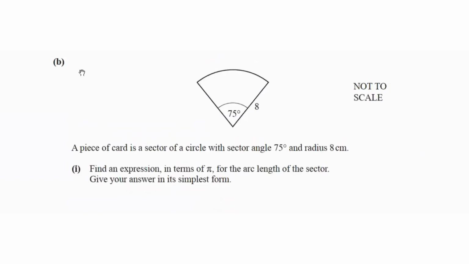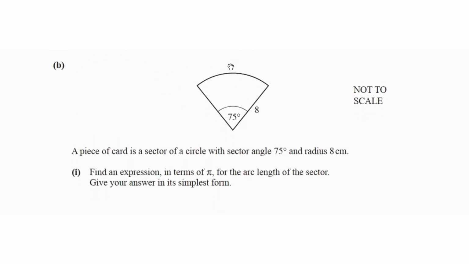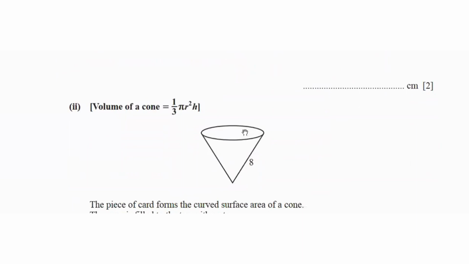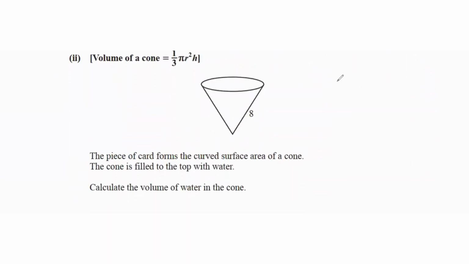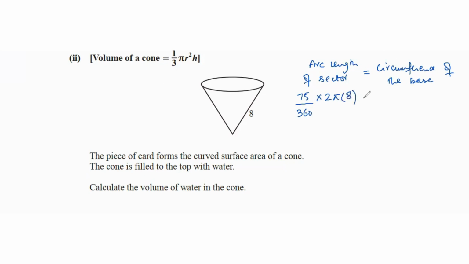That means the arc length that we found in the previous part is now going to be the circumference of the base of this cone, which means arc length of sector is your circumference of the base.